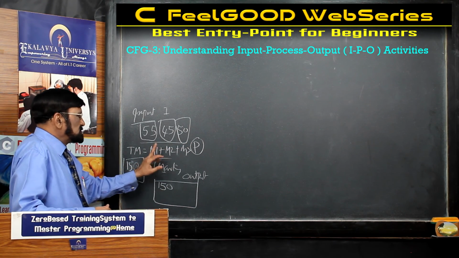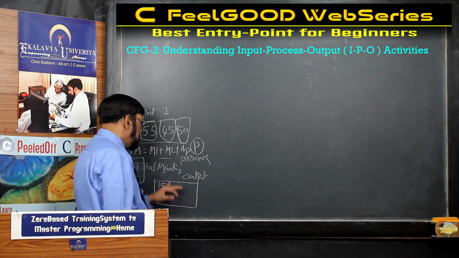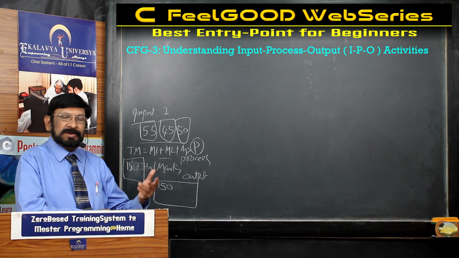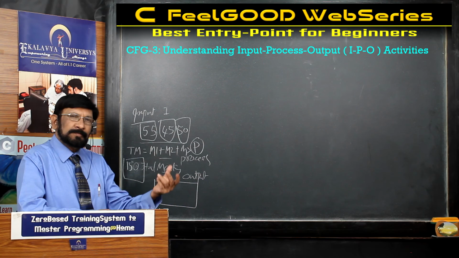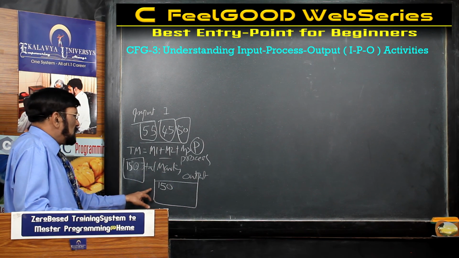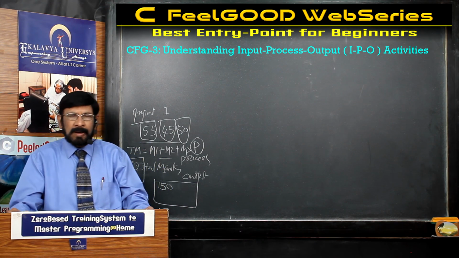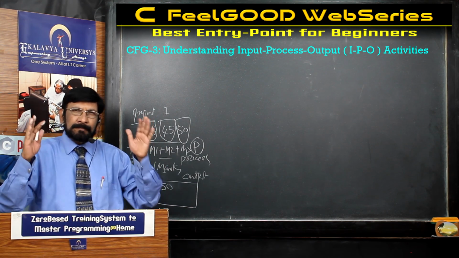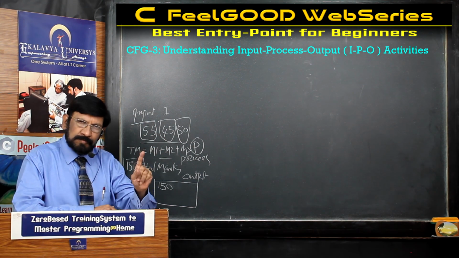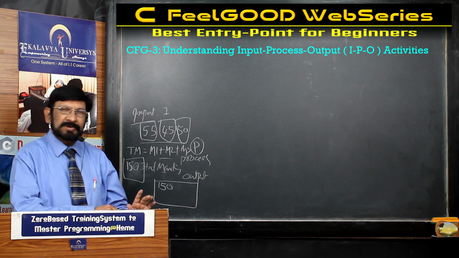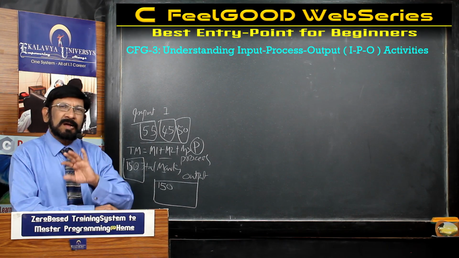The third one is the output section: whatever result you are expecting from the program is displayed on the monitor screen. So in any program or project, the main statements are divided into three groups: input section, process section and output section. The input section is called the reading section, and the output section is called the writing section.